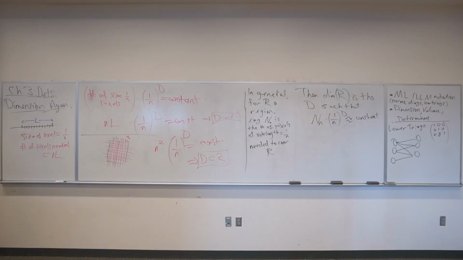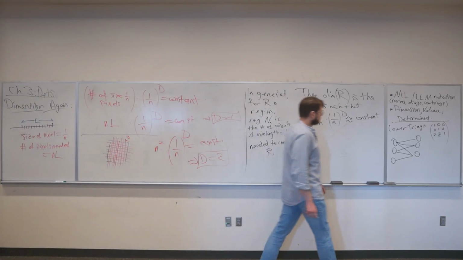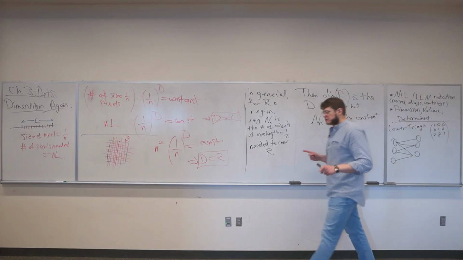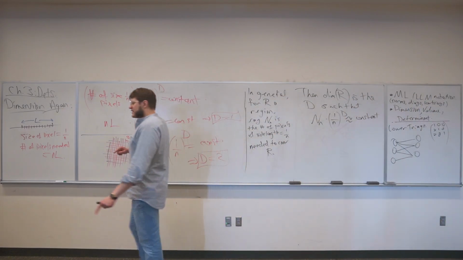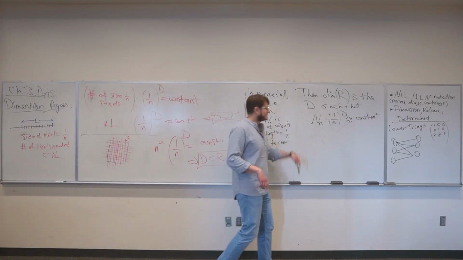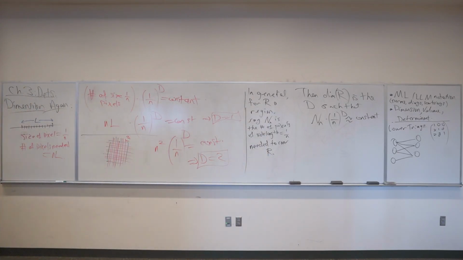And based on this, now we can perhaps talk a little bit about volumes. Specifically, this whole thing really says that this dimension, which in this context is not necessarily an integer, but never mind, for our purposes dimension is always an integer.